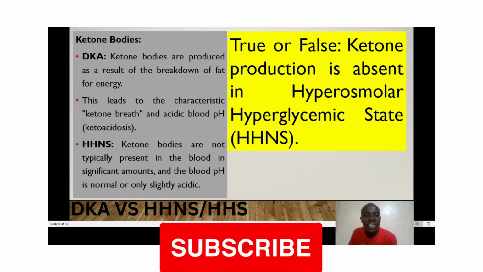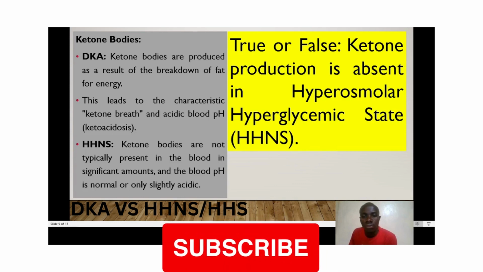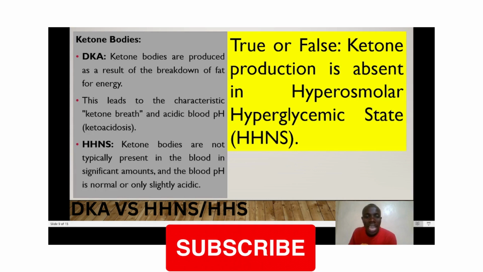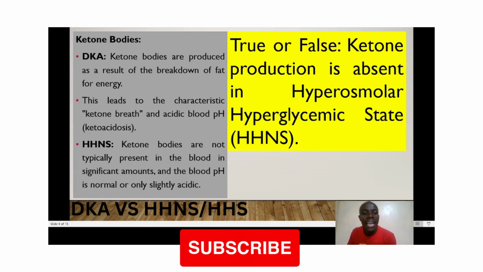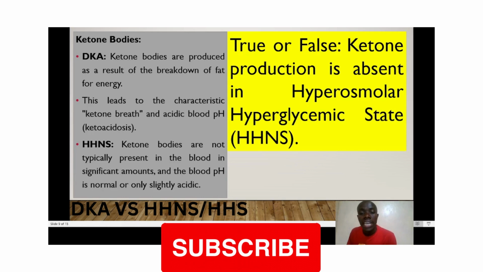This leads to characteristic ketone breath and acidic pH, ketoacidosis. In HHNS, ketone bodies are not typically present in blood in significant amounts, and blood pH may be normal or slightly acidic.